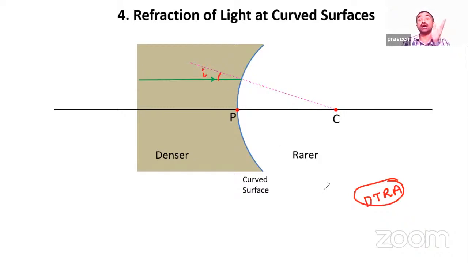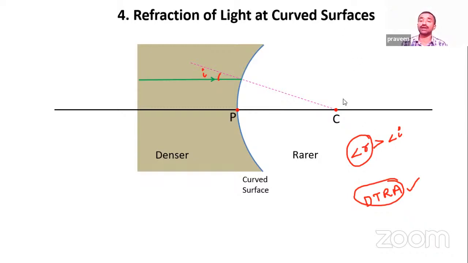In the rarer medium, does the angle of refraction increase or decrease? Using this logic, away: the angle of refraction will be greater than the angle of incidence. So it is moving away from the normal.